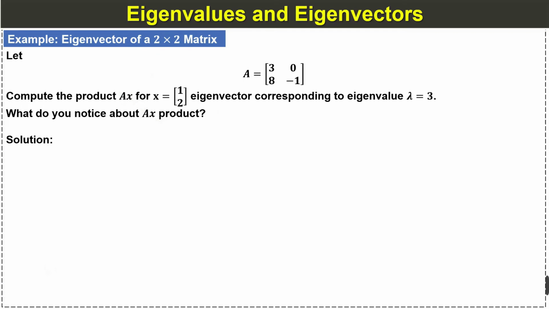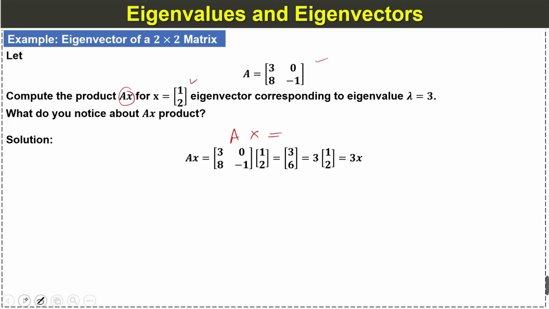First we compute this product for the eigenvector, Ax. Here we have the matrix A and this is the eigenvector, and after multiplication we again get a vector.